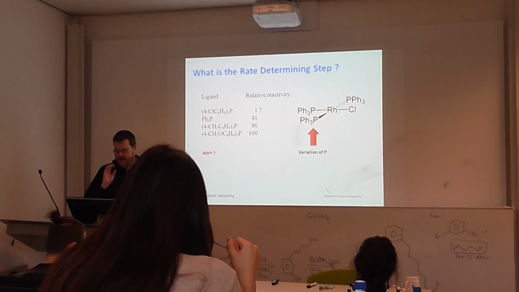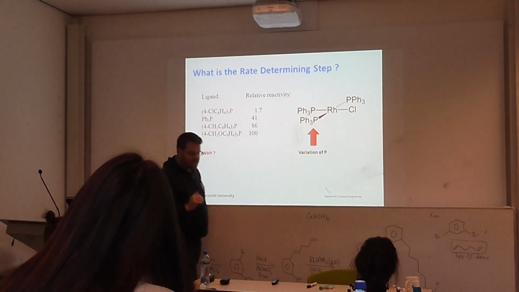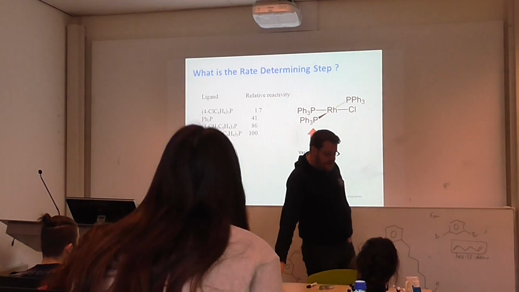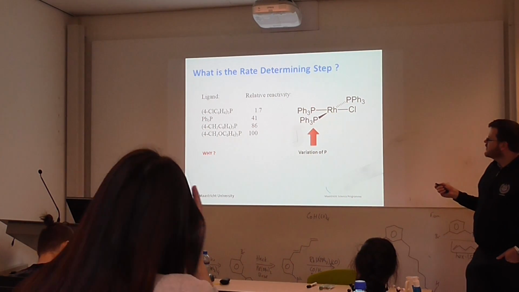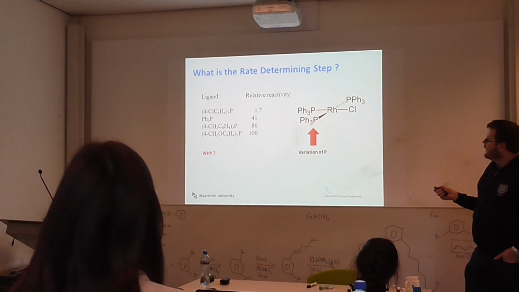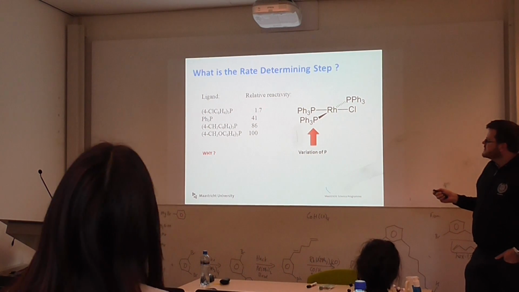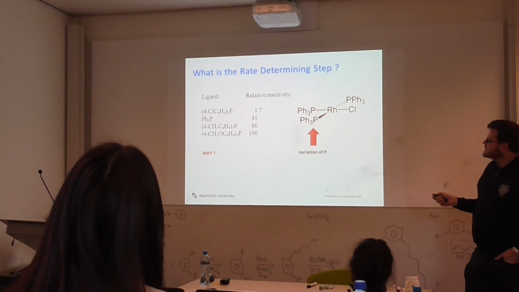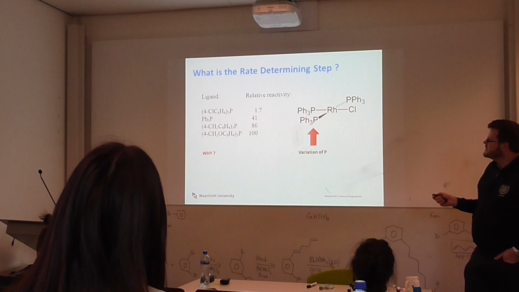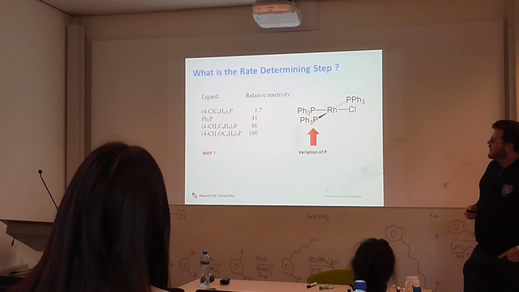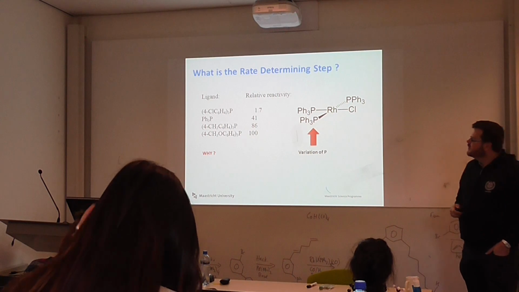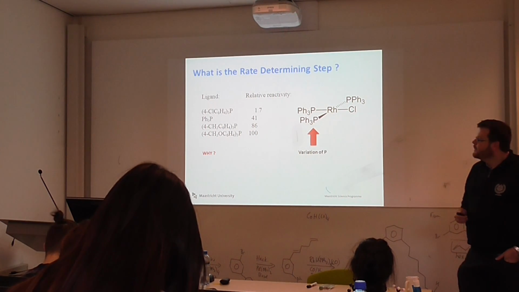But before we get to that, I just want to mention one further thing on the Wilkinson compound, and that is that what has also been studied is that you can, of course, vary the phosphine. In this study here, look at this kinetic data. If we take triphenylphosphine, we have a relative reactivity of 41.